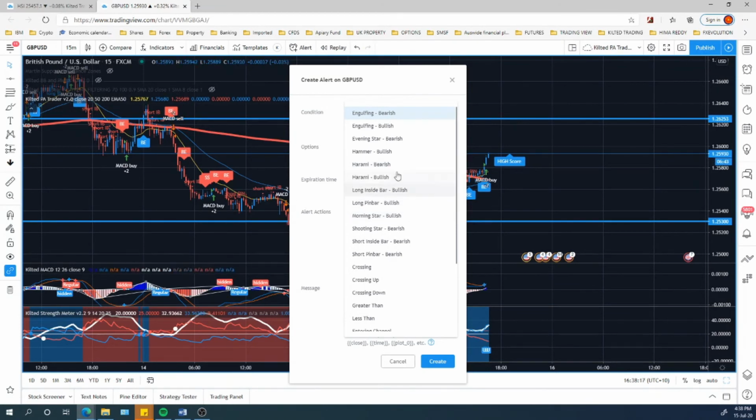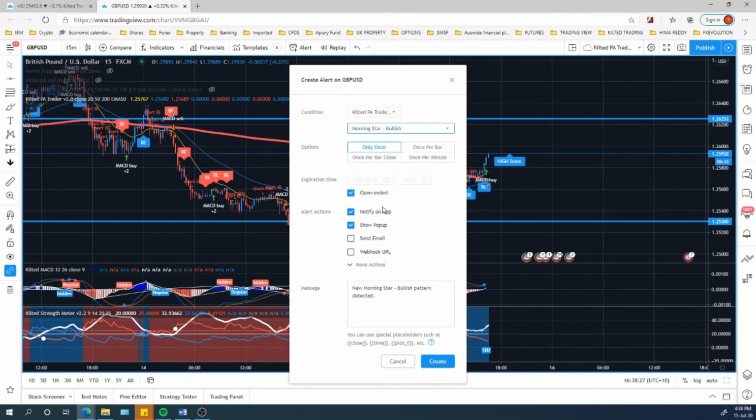We want to set up a morning star, some bullish price action on the 4-hour to signal having a look at the market to get interest on a trade on the lower time frame to go long. It is all coded in here for you guys.